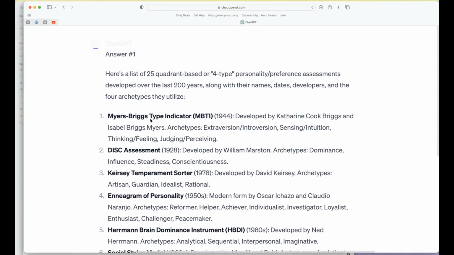There's also 3-type models. It wasn't all that long ago that there was the science of somatyping. So somatyping was, are you an ectomorph, an endomorph, or a mesomorph?